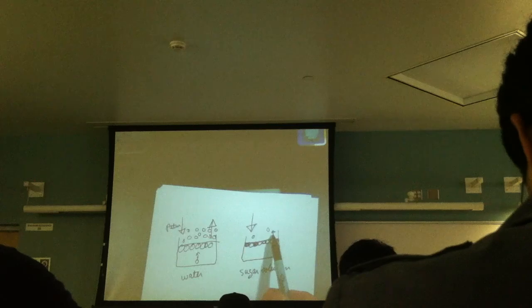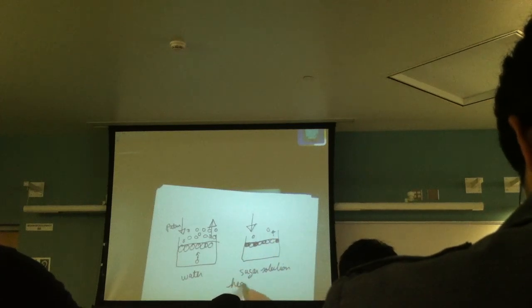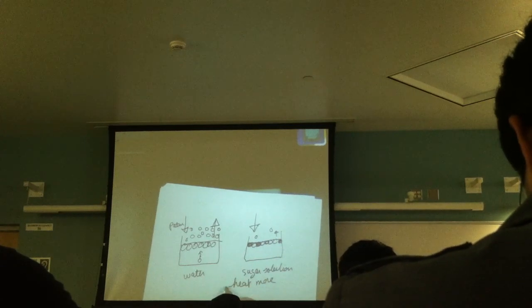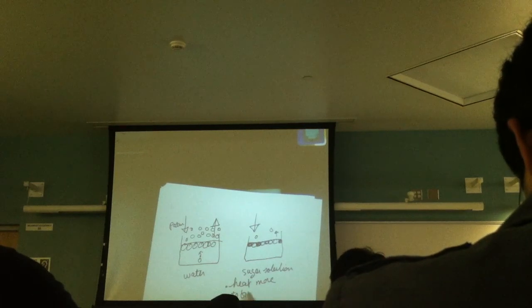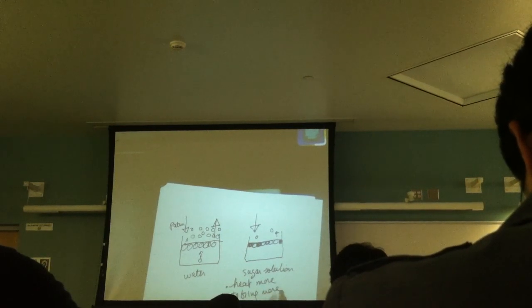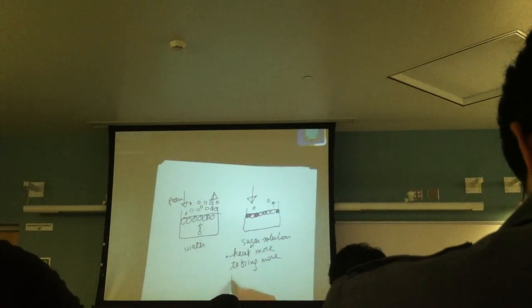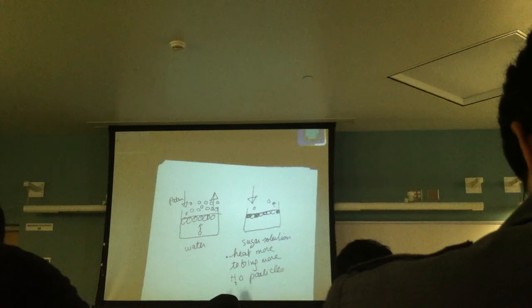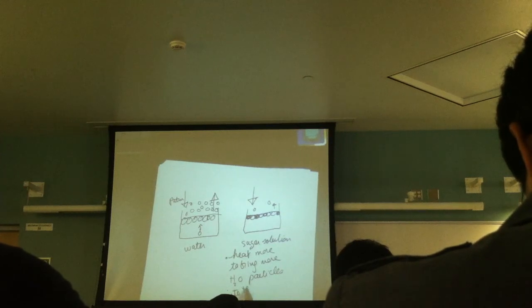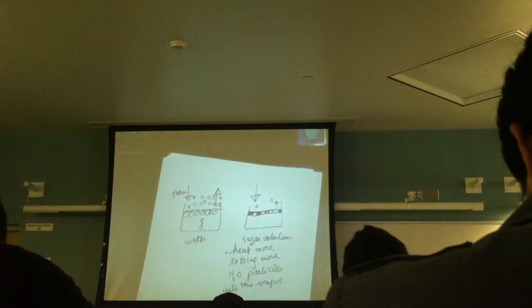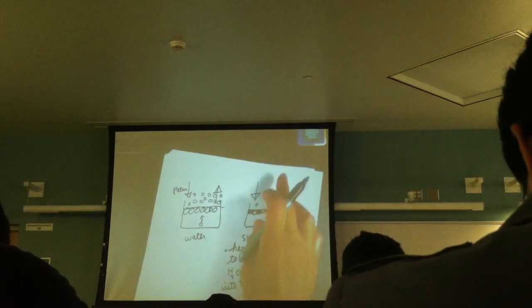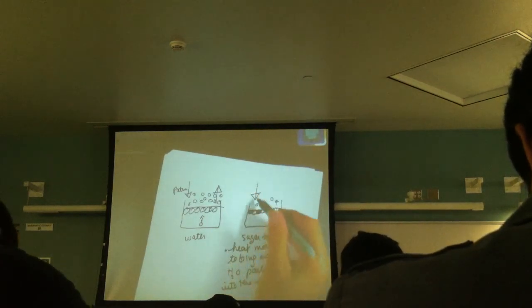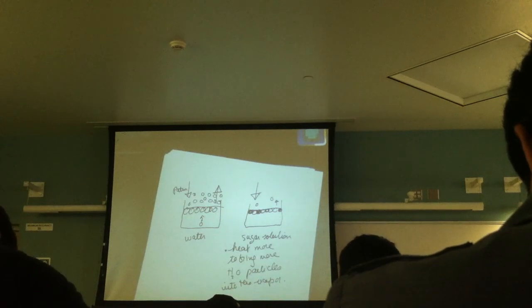How can I make it bigger? You have to heat more to bring more particles into the vapor. More water particles into the vapor. Why? So the vapor will push up. When the pressure of that vapor up equals the pressure of the atmosphere down, this is when the bubble has to rise.